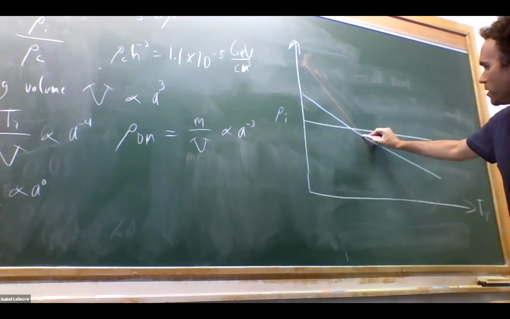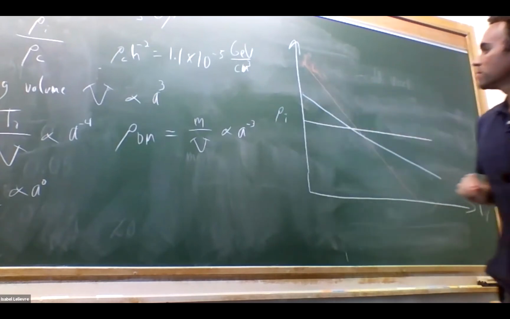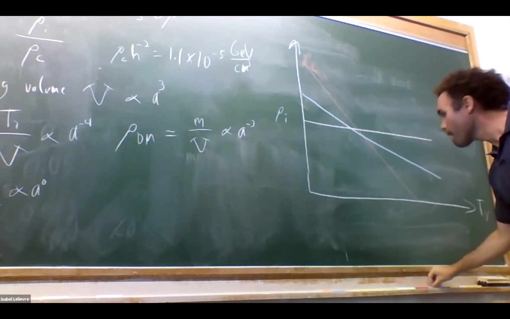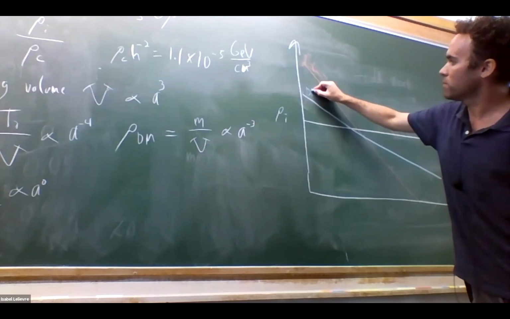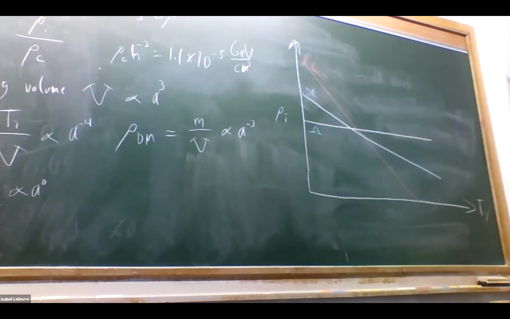Sorry, just label these. This is the radiation, photons. This is the dark matter. This is the cosmological constant.